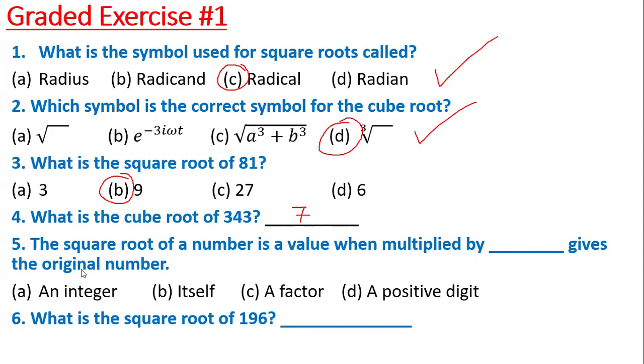Next, the square root of a number is a value that, when multiplied by blank, gives the number. B, by itself. Very good. And finally, number 6. What is the square root of 196? 14.